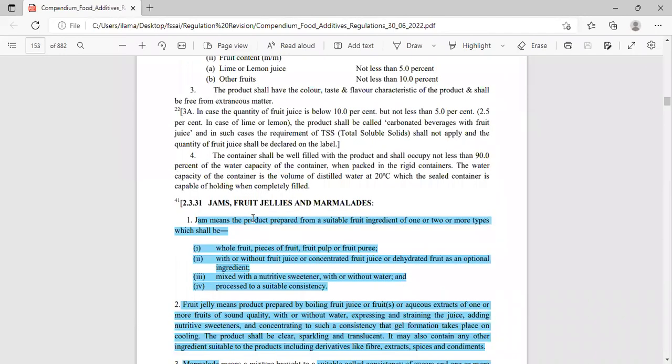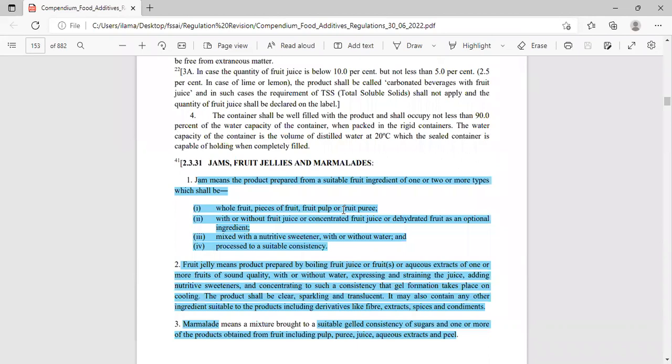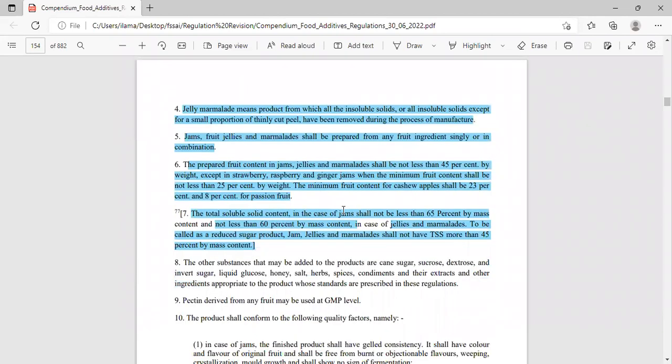And here in jams and jellies and marmalades, just go through. Here, the TSS for the jams shall not be less than 65 percent by mass, and not less than 60 percent. Like, the value for the jams TSS is 60 to 65 percent.